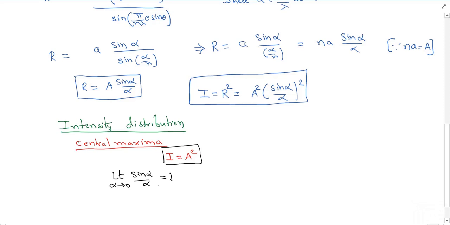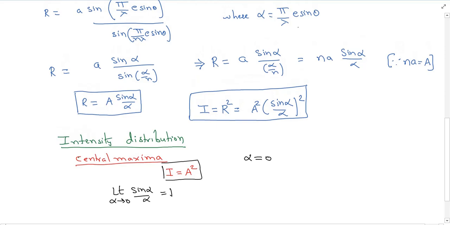So alpha tends to 0, that means alpha should become equivalent to 0. What is alpha? We have adopted alpha is equal to pi by lambda into e sin theta. So pi by lambda into e sin theta must be equivalent to 0, or else e sin theta is equal to 0.